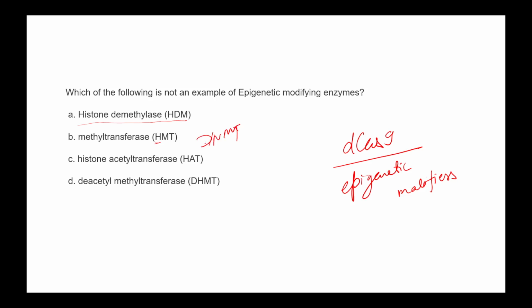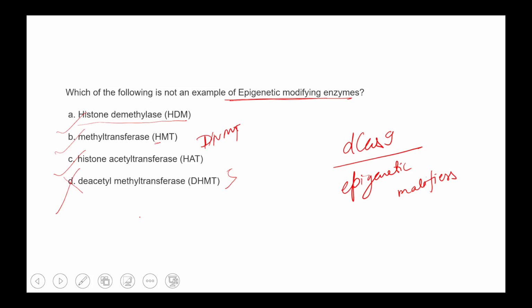These are also transcriptional regulators. Then you have histone acetyltransferase, which transfers the acetyl group to the histone. That also works as a transcription regulator. These modifications work as transcription regulatory modifications. But the deacetyl methyltransferase is not one of them. It is not one of the epigenetic modifying enzymes. So this is the wrong option here.